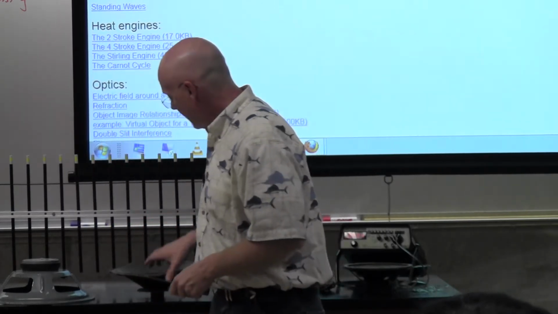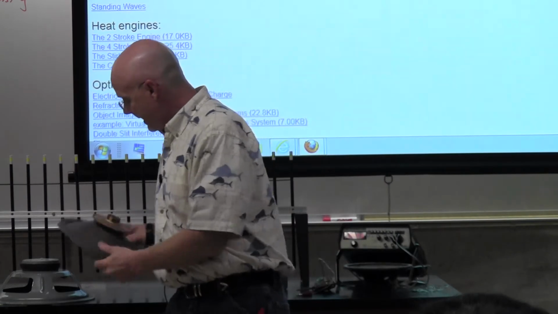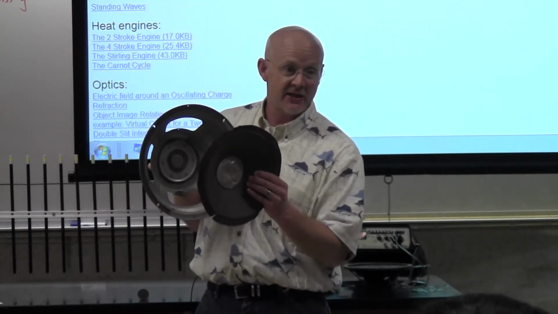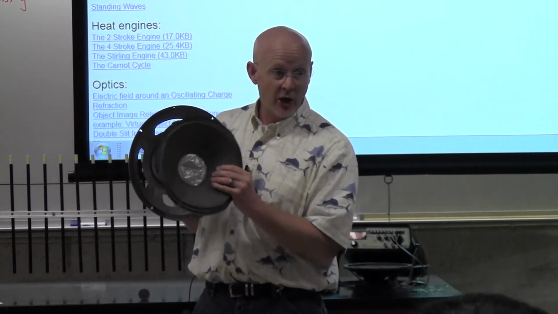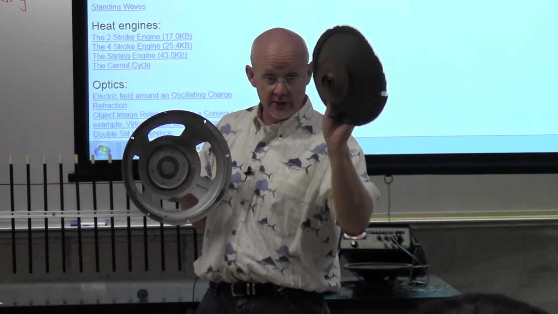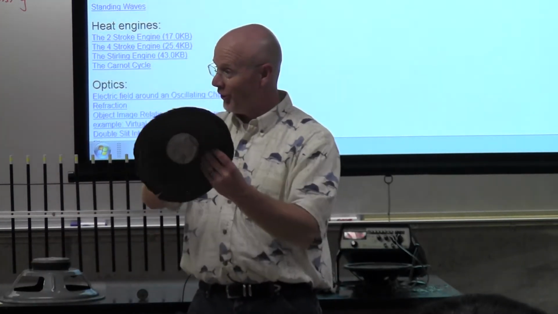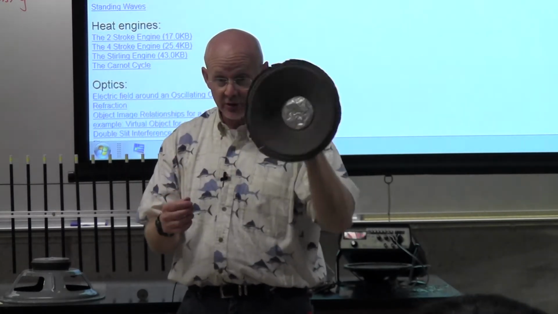And so as I put electricity through here, maybe one direction, that would take the paper diaphragm and push it out. Pass the electricity the other way, and that will pull it in. And so by alternating the current that goes through here, the paper diaphragm will go back and forth. And so this is how the sound is produced.